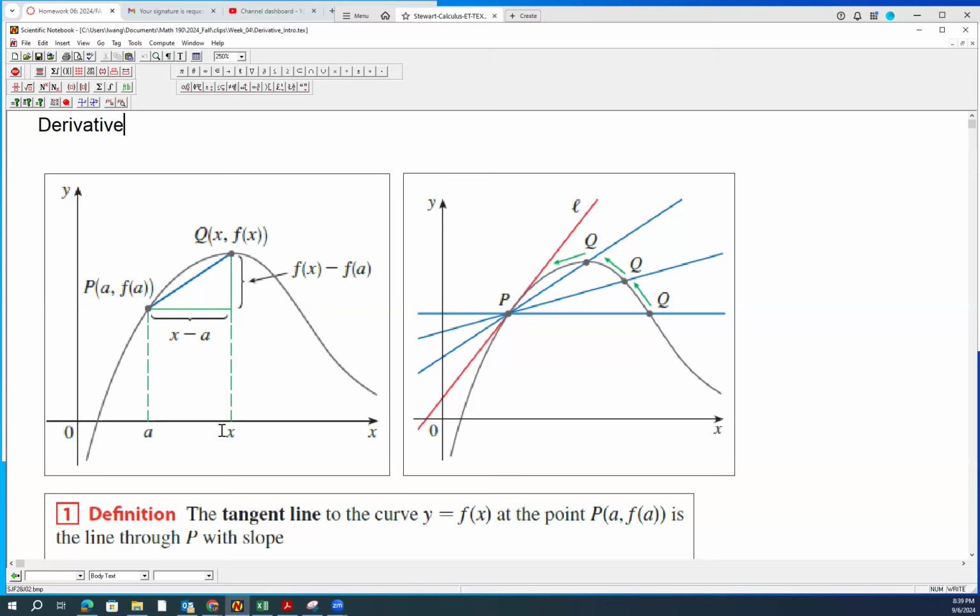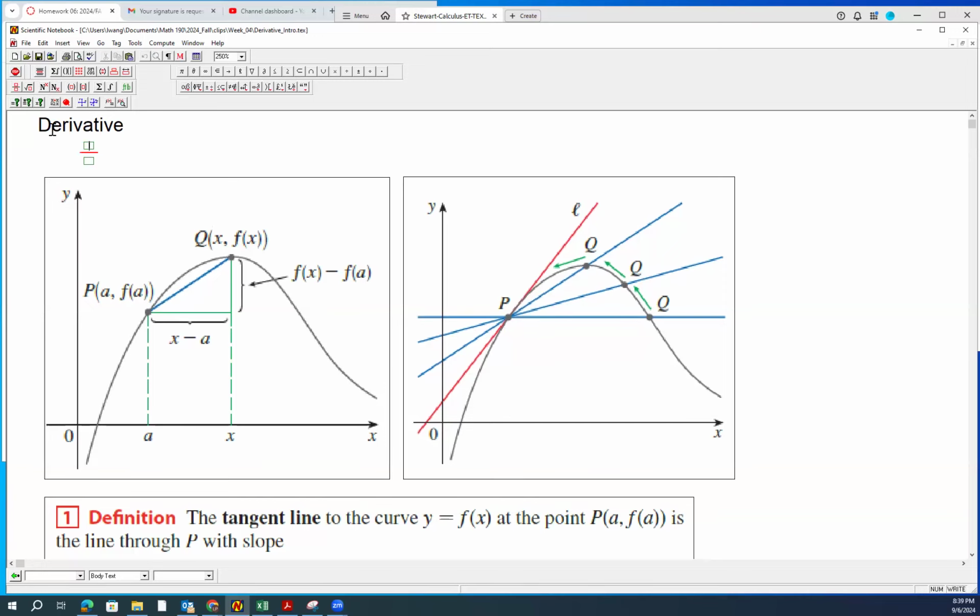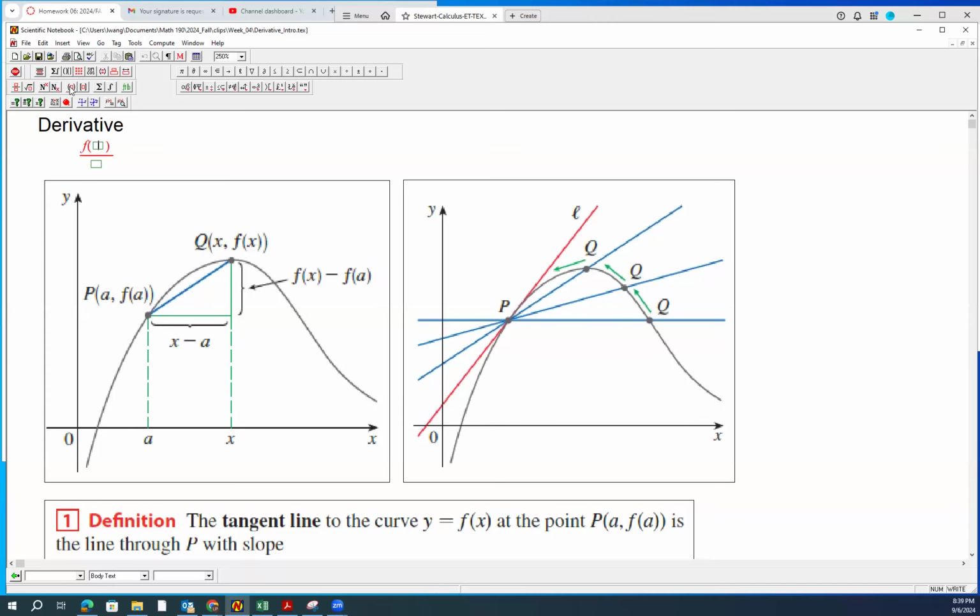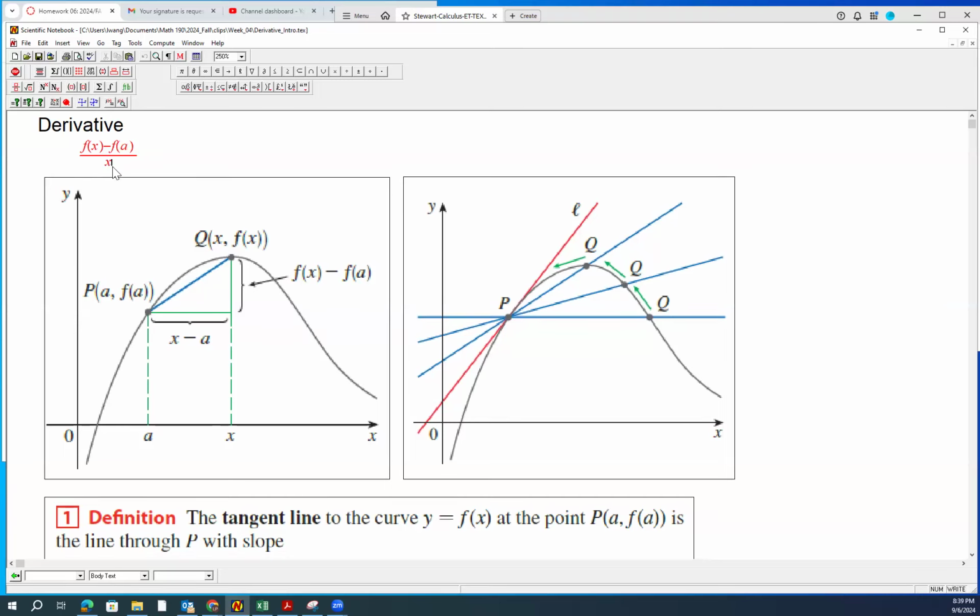So x minus a is the run, and f(x) minus f(a) is the rise. So we set up rise over run, and we want to approximate. This is the slope of the blue line.